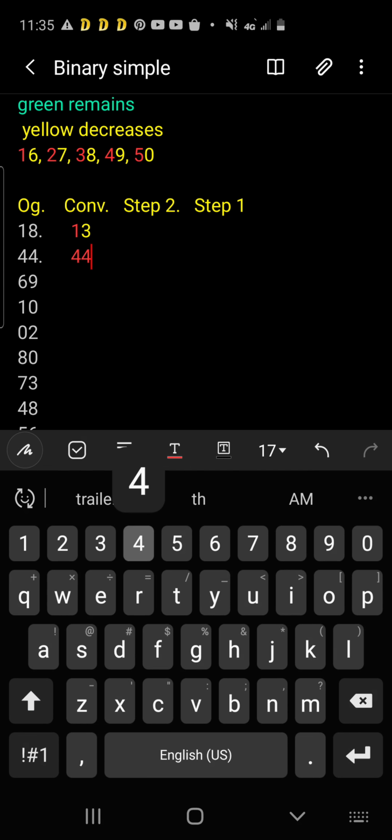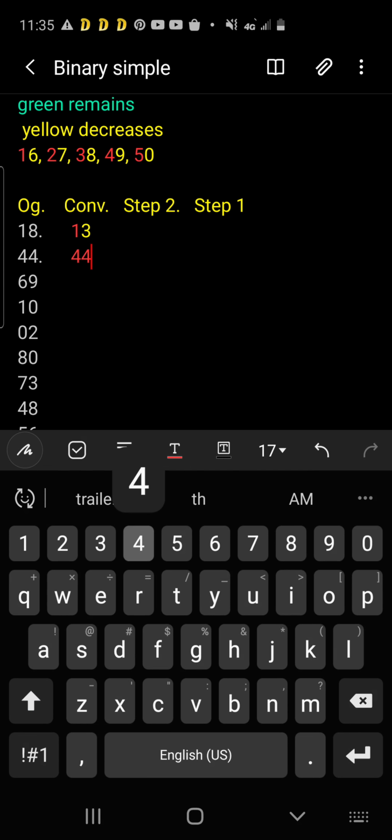The 8 is going to be a yellow 3. And the 0 is a yellow 5. The 7 is going to be a yellow 2. And the 3 is going to be a red 3. The 4 is going to be a red 4.